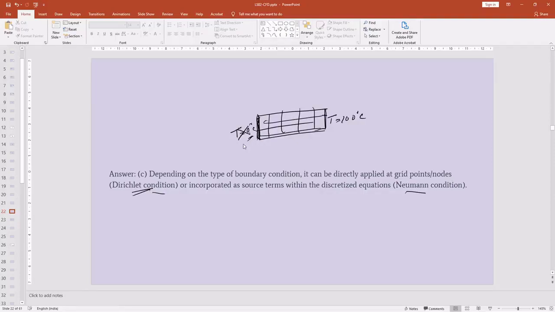In such a condition, the boundary condition becomes dou T by dou X is equal to 0. That is, the temperature gradient won't exist. If we are taking this as the X direction, temperature gradient means how the temperature will vary according to X. But when it's an insulated condition, at that point it won't vary with X because it is insulated.